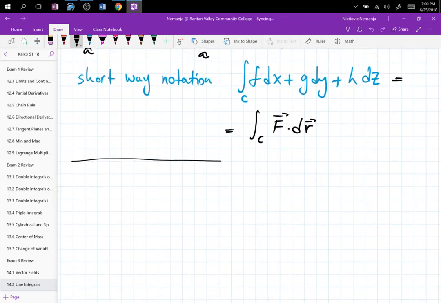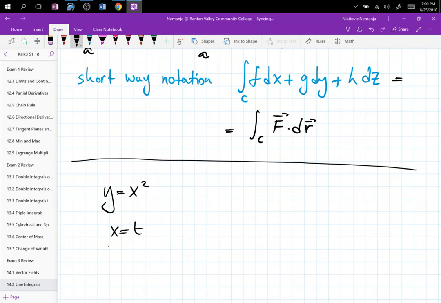So as you are parametrizing, remember that we had y equals x squared to parametrize, and we said, okay, x equals t, and then y equals t squared. Now this over here is the parametric set. Let's make it more interesting. Let's make t between 0 and 3.